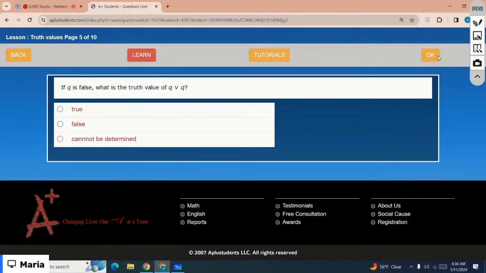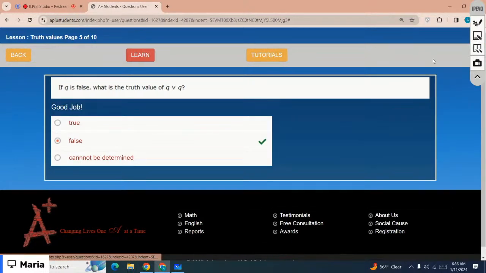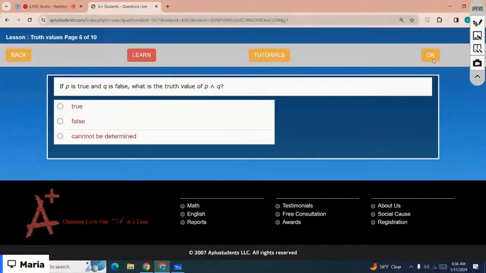Q is false, so Q or Q is also false because both of them are false, so the answer is also false, right? If P is true and Q is false, what is the truth value of P and Q? When you're looking at the AND condition, both of them must be true. So one of them is false. The answer is false.